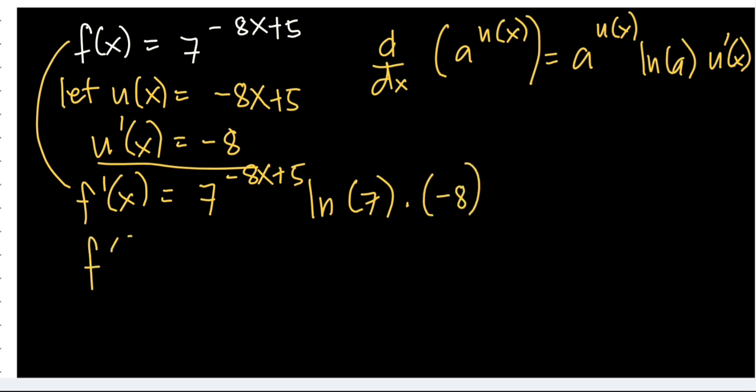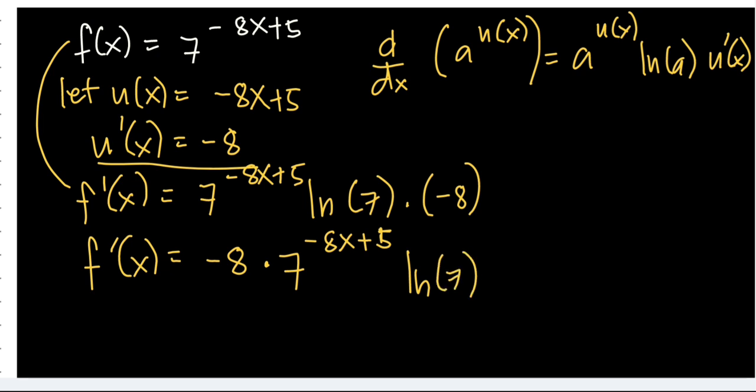So derivative of f of x is just negative 8 times 7 to the negative 8x plus 5 ln of 7.